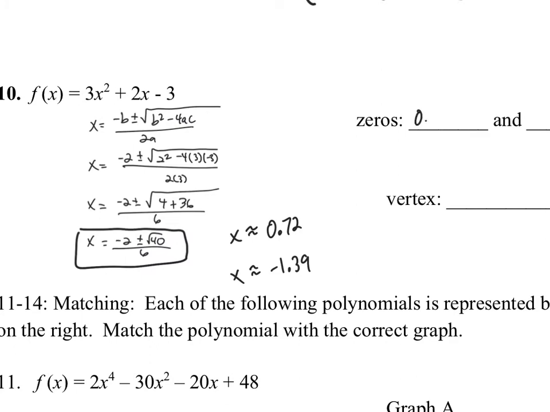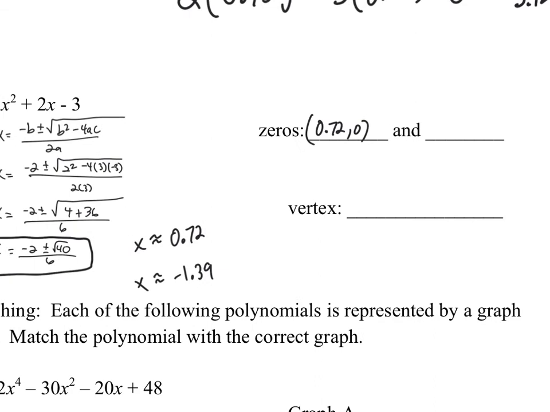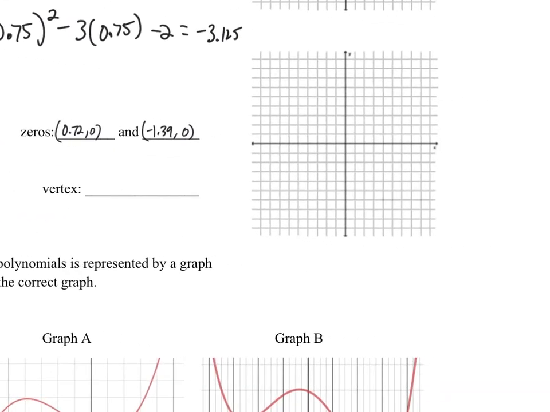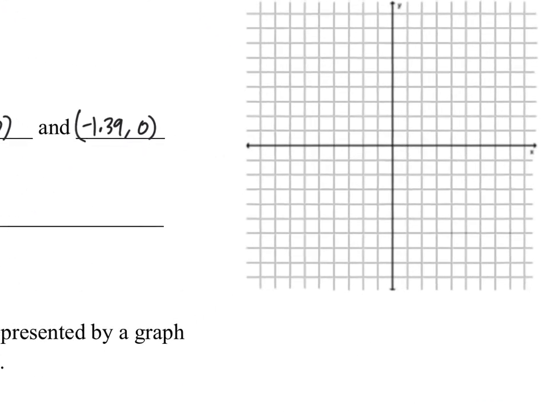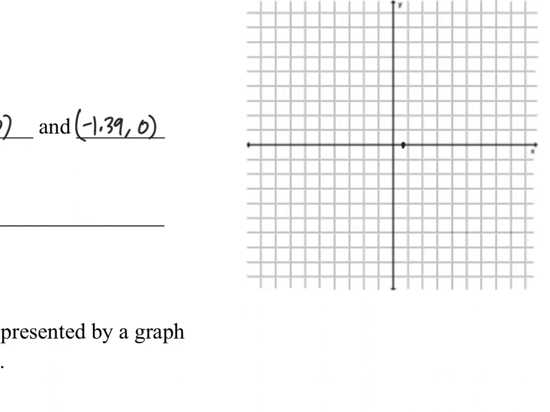So it's about 0.72 comma 0 and negative 1.39 comma 0. So if I put those on the graph, 0.72 is about right there, negative 1.39 is about right there.